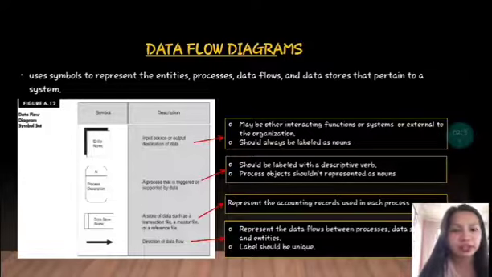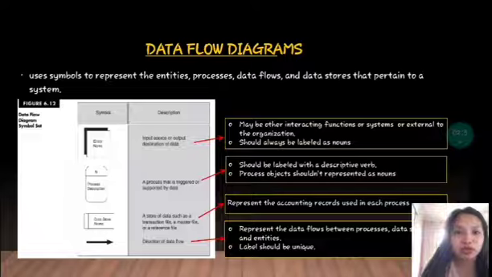Next symbol is the process description. This is a process that is triggered or supported by data, and it should be labeled with a descriptive verb, such as ship goods, receive sales order, or update records.